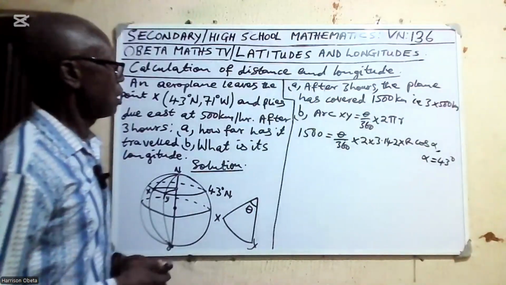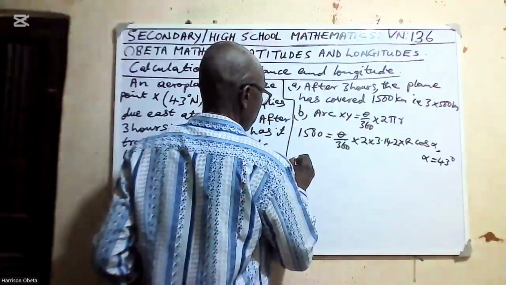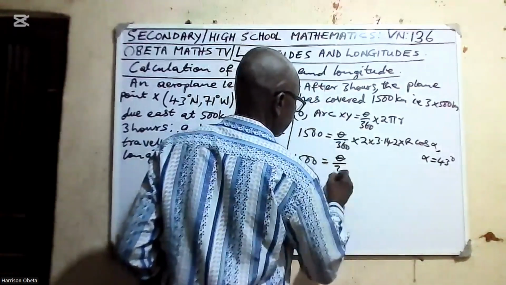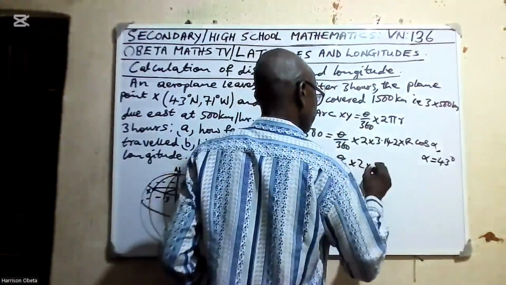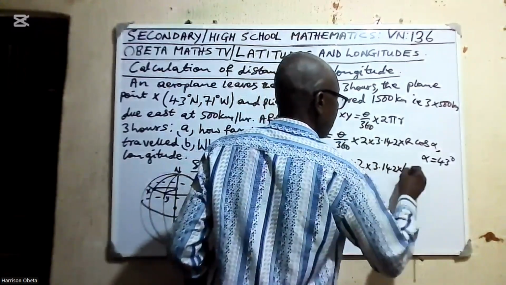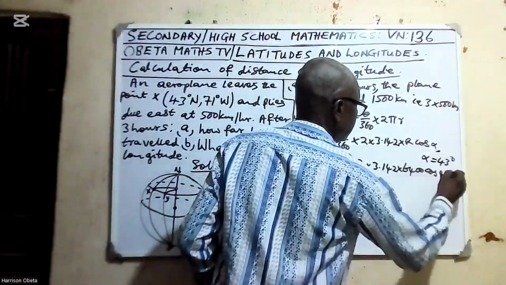Now, we move on. That should be 1,500 equals theta over 360 multiplied by 2, multiplied by 3.142, multiplied by 6400 cos 43 degrees.